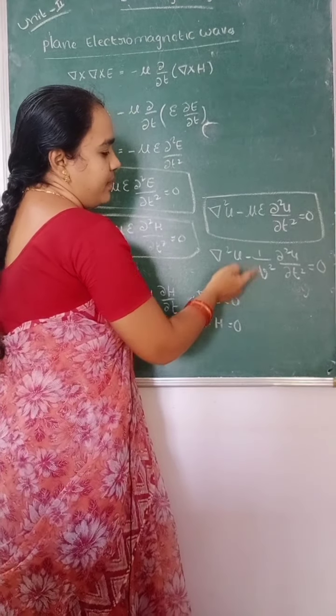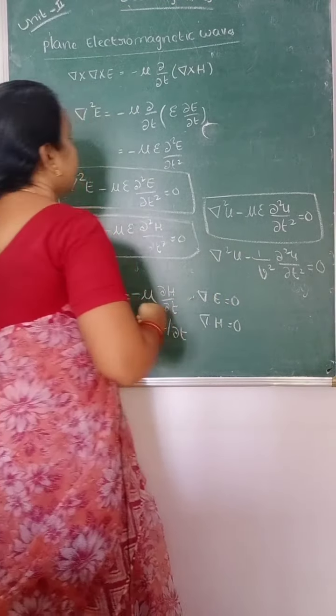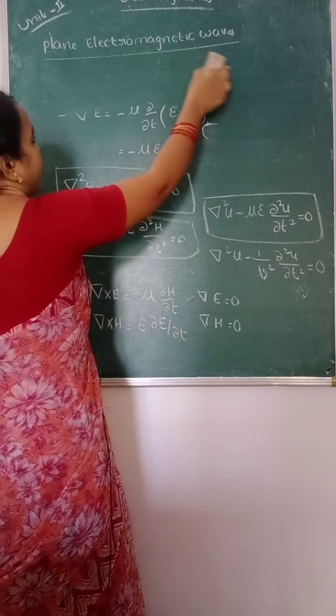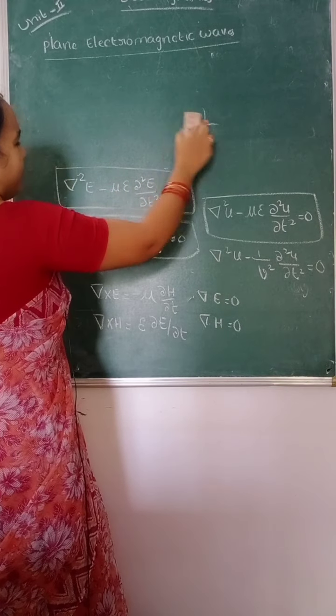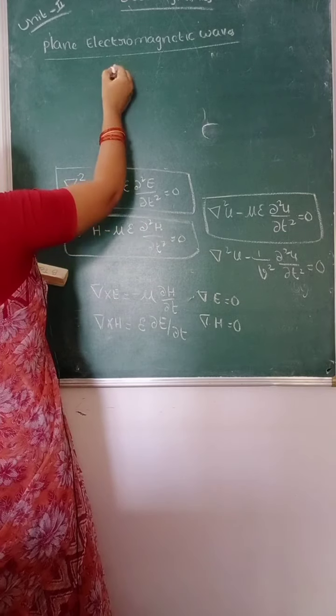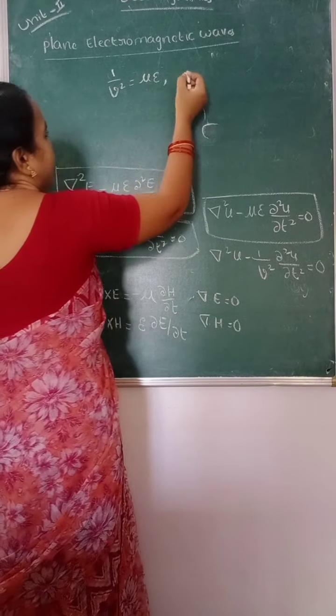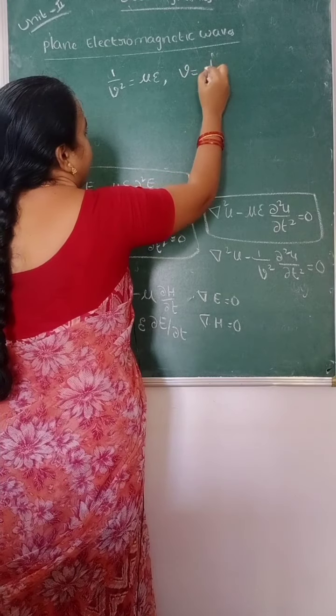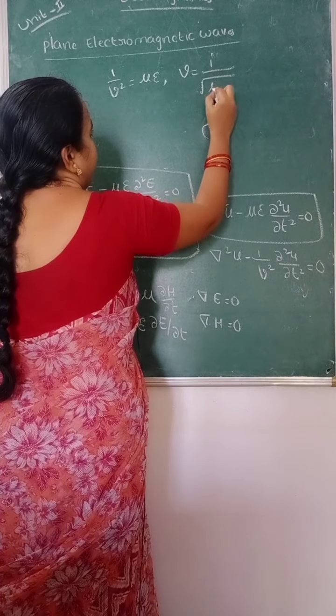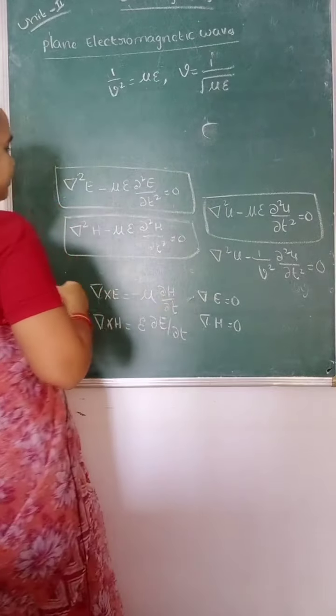So if you compare these two equations, then 1 by V square is equal to mu epsilon. Hence V is equal to 1 by root of mu into epsilon.